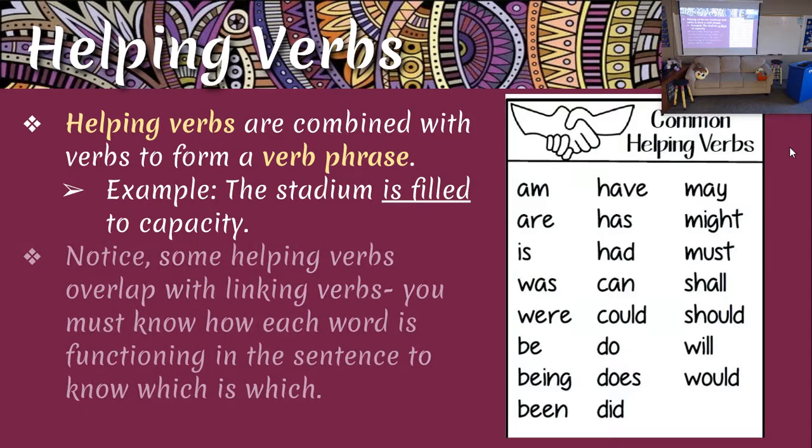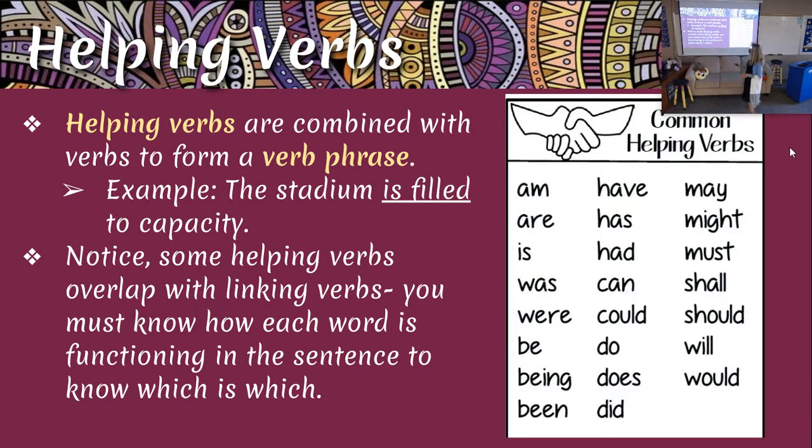Now, one thing I want you guys to notice: these are all the helping verbs here, but this first row overlaps with our linking verbs. They're exactly the same. Am, is, are, was, were, be, being, been. Those are linking verbs also. So to determine the difference, linking verbs are going to be by themselves.